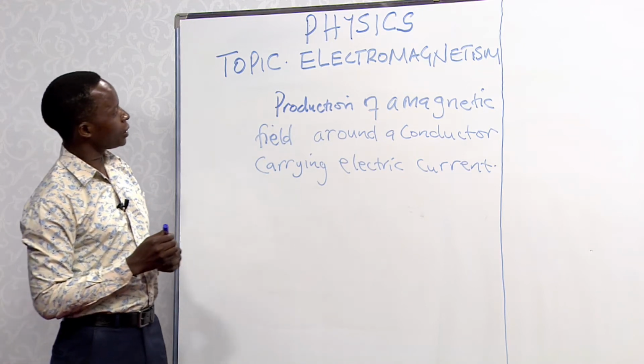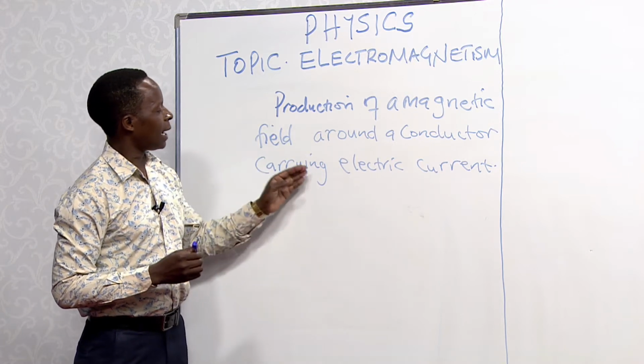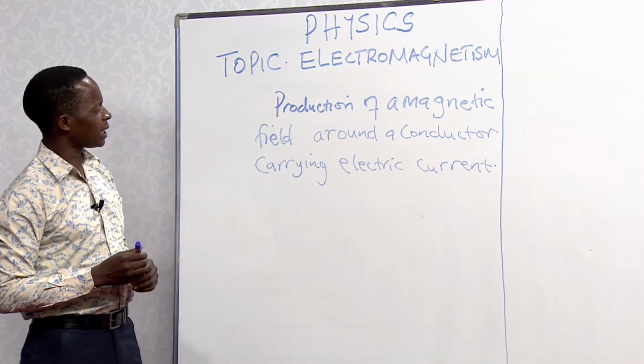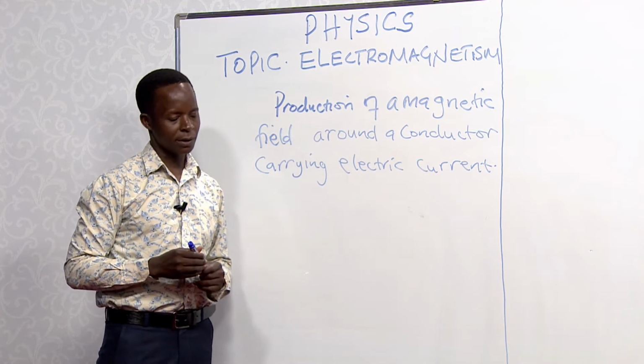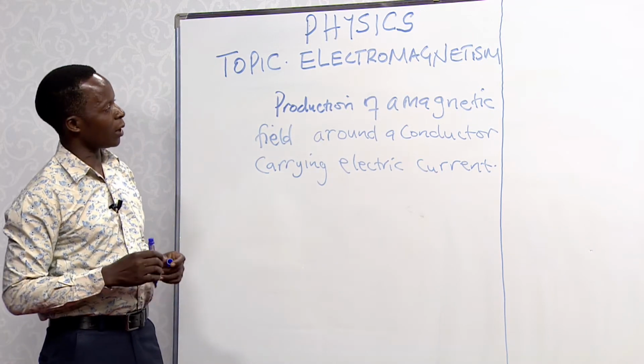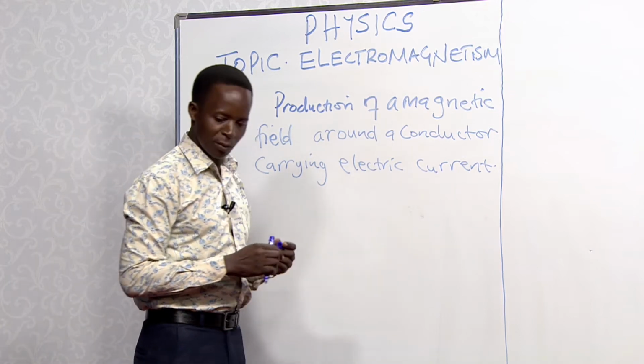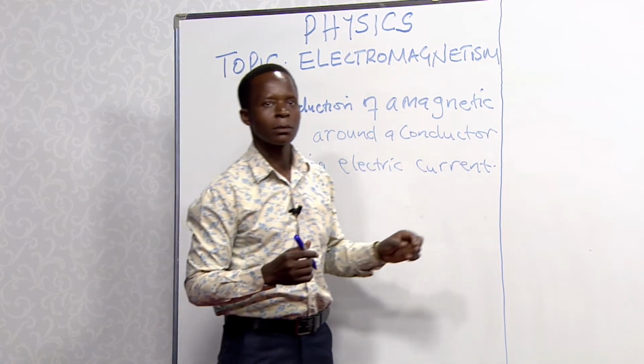Now, how do we show that around a conductor carrying current there is a magnetic field? We are going to use this simple demonstration.